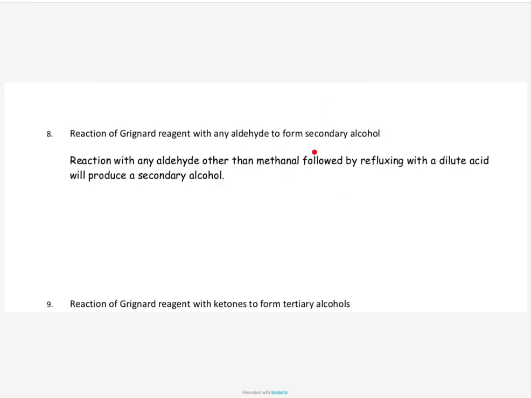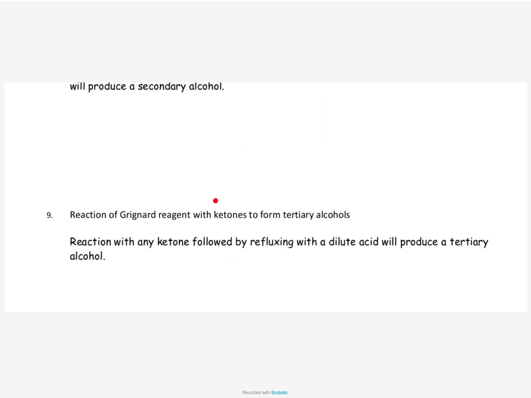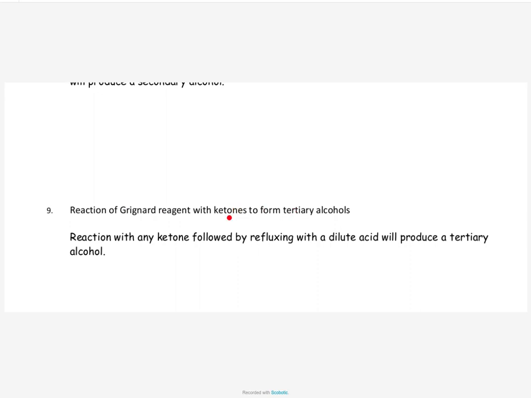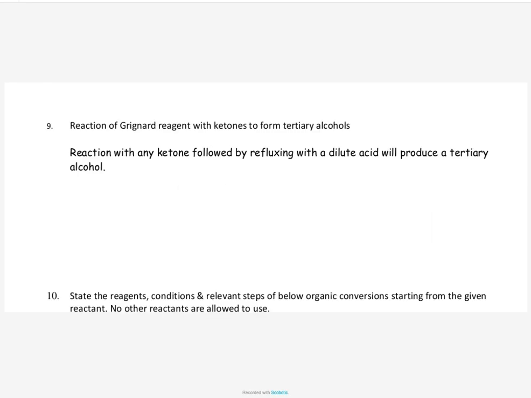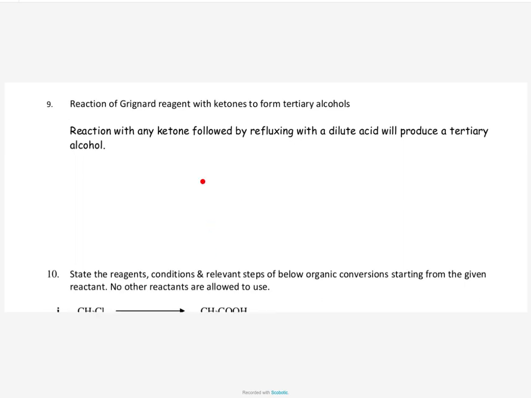And this is the Grignard reagent with an aldehyde to produce a secondary alcohol. So what have we produced here? What alcohol is this? Right? With a ketone, we get a tertiary alcohol.